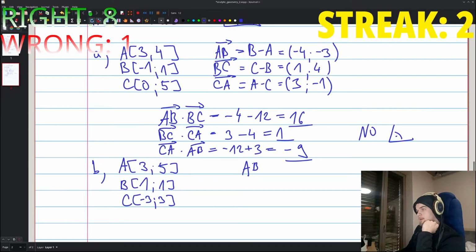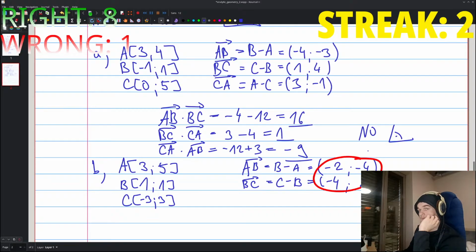Once again, vector AB, B minus A, which is 1 minus 3 is minus 2. 1 minus 5 is minus 4. Vector BC, C minus B, which is minus 3 minus 1, that's minus 4. And 3 minus 1, that's 2.